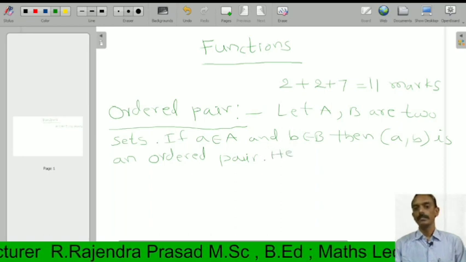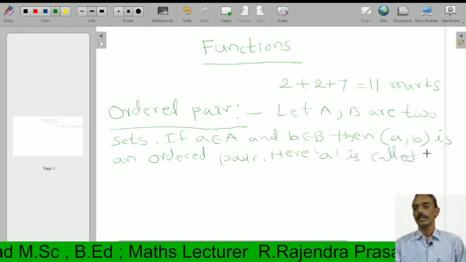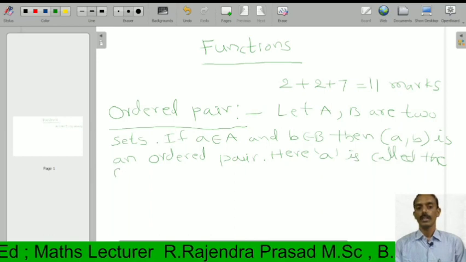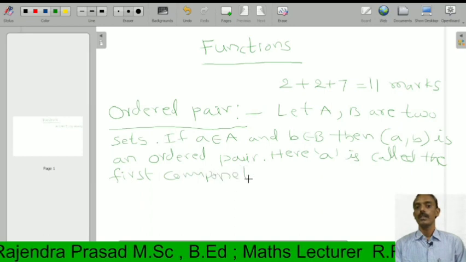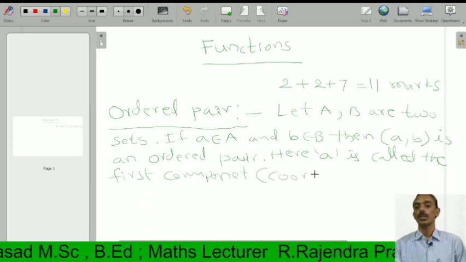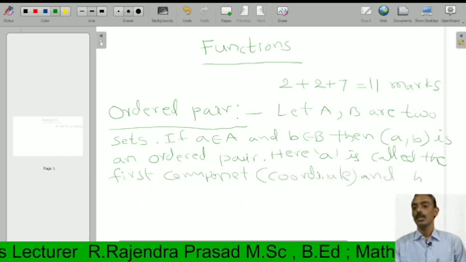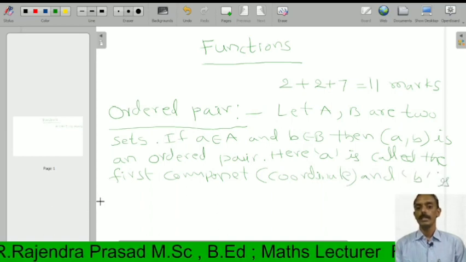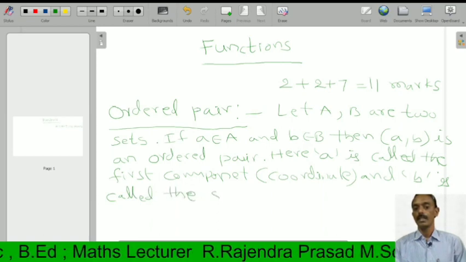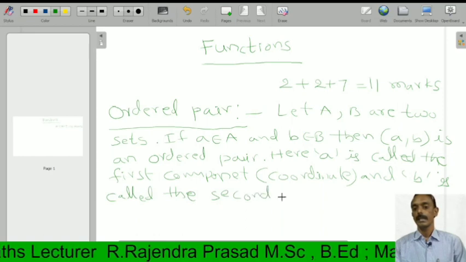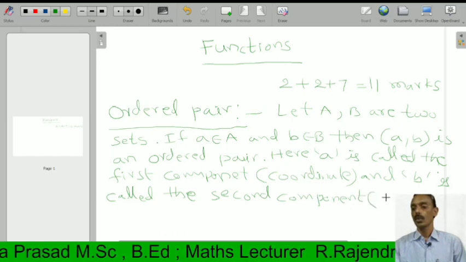Here a is called the first component or first coordinate, and b is called the second component or second coordinate.